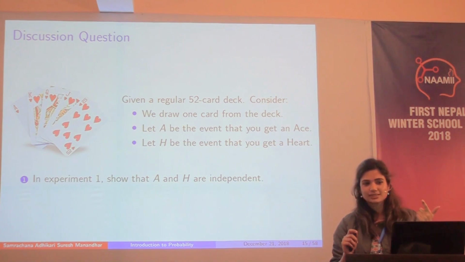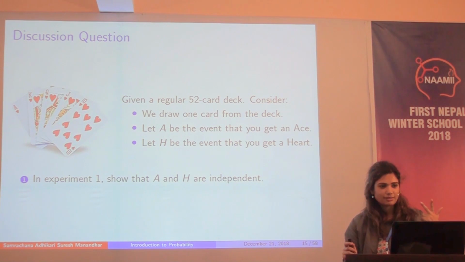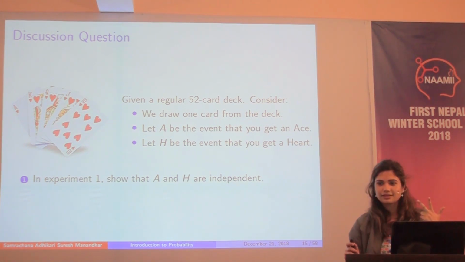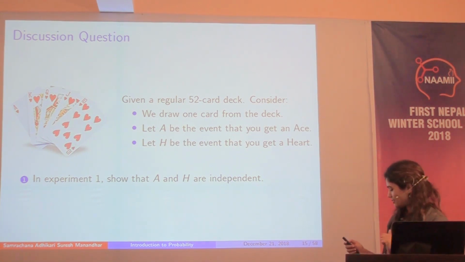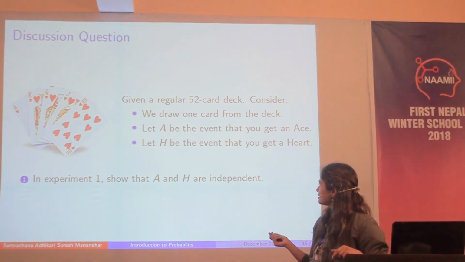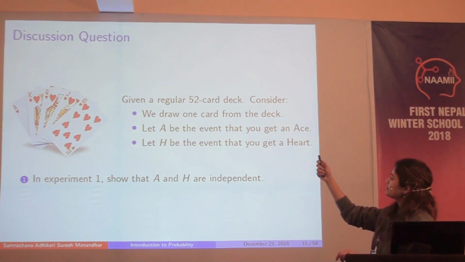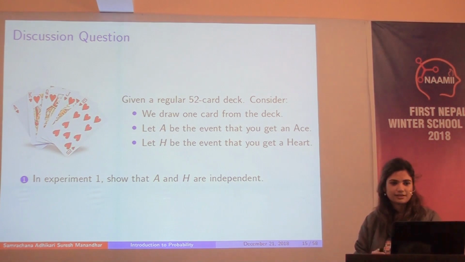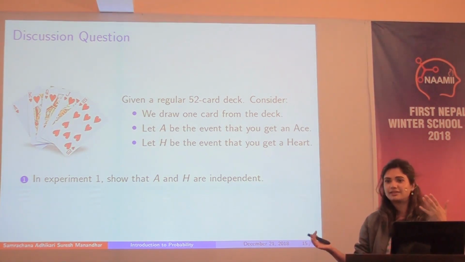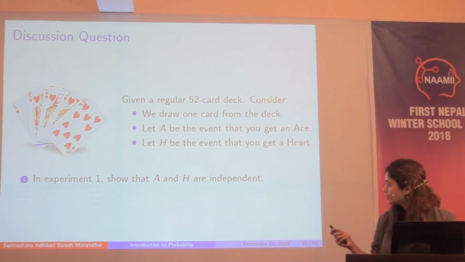So marginal means P of A, and we'll compute P of H, and then we'll take the product, and we'll take the intersection, and if they are the same, then they're independent. Which means the event A does not affect the event H, or just knowing P of A, we're not getting any new idea for P of H given A.